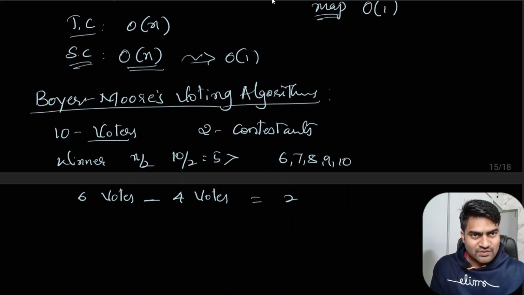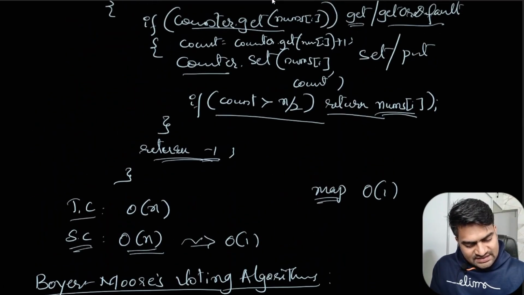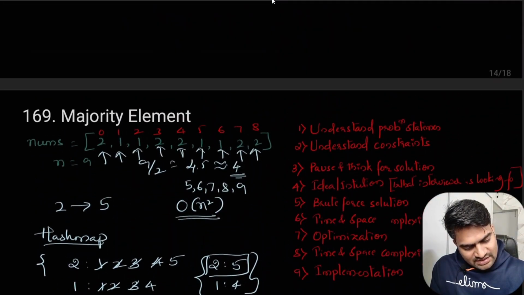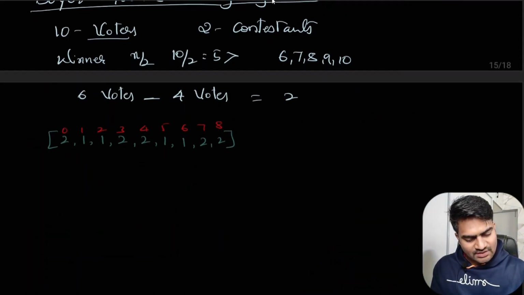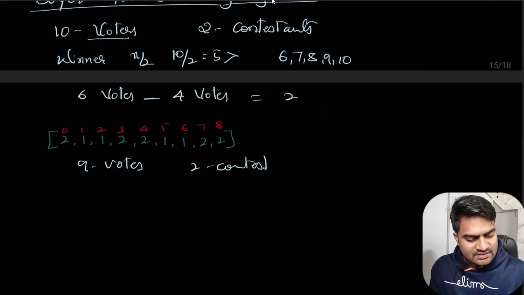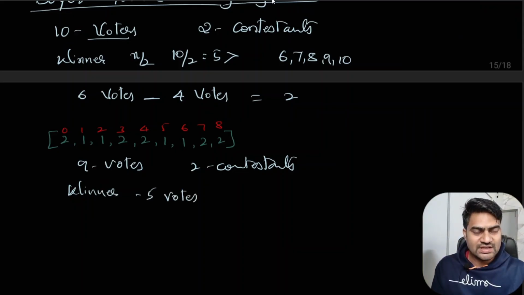Now let us try to determine this difference. So what we do, assume, let's take this example only. I will copy this. So here in this case, 9 votes, 2 contestants, okay, and the winner will get minimum 5 votes, which is more than n by 2.